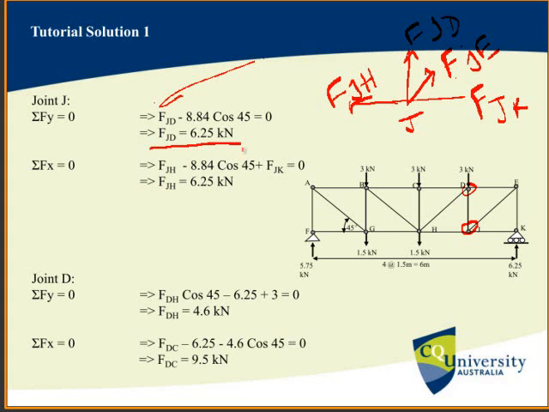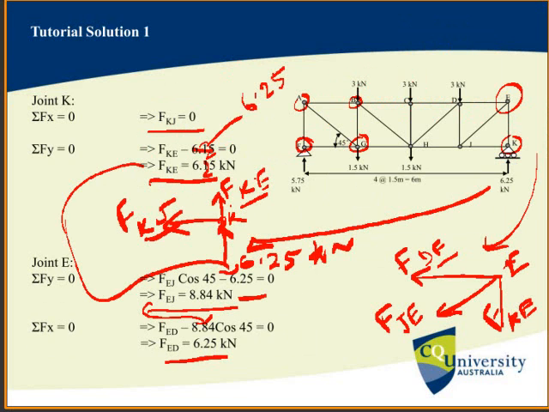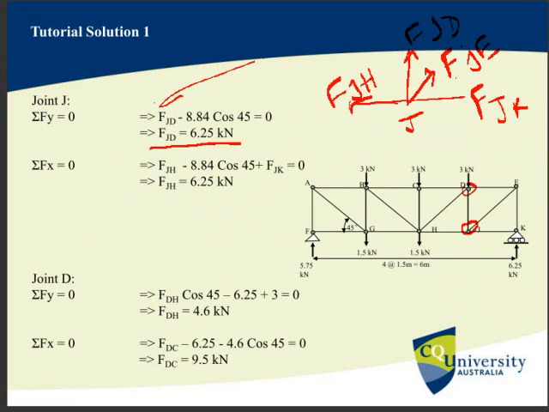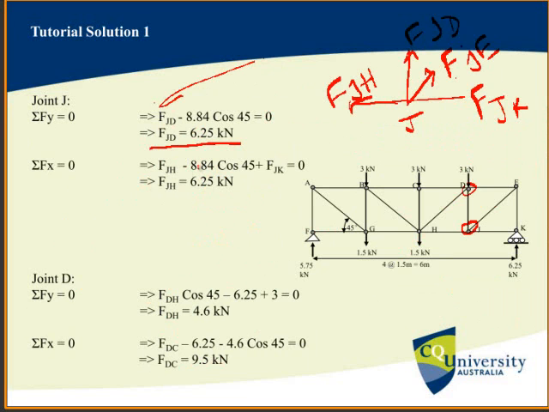So in this case FJK equal to 0 from our previous equation. FJK equal to 0, just put this value and put the value for FJE. After that, calculate the value for FJH, which will be 6.25 kilonewton.